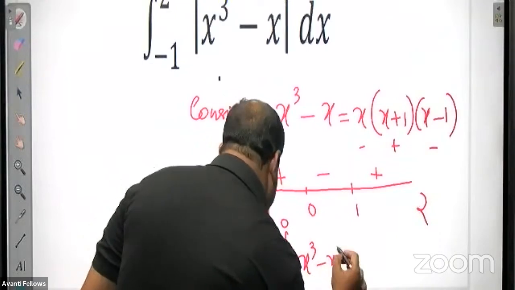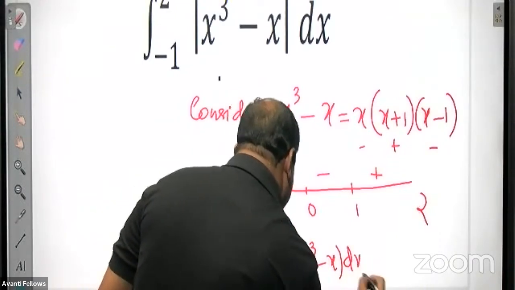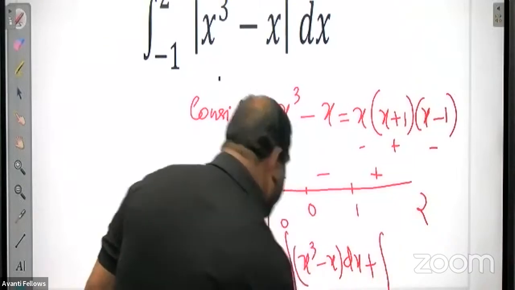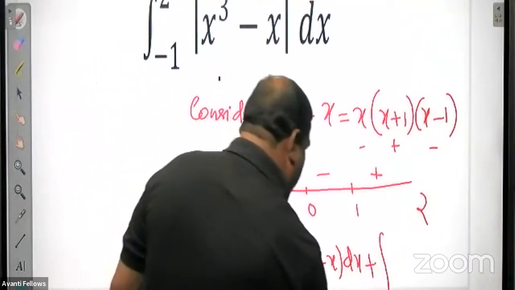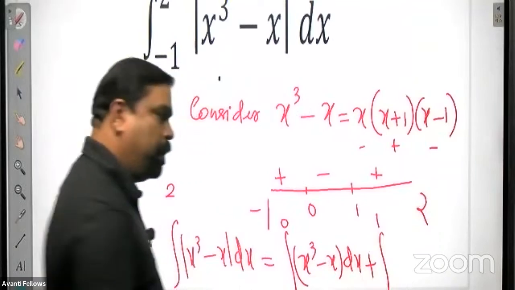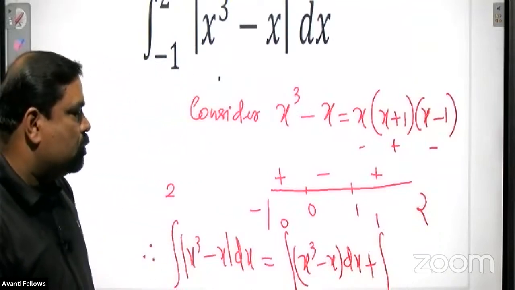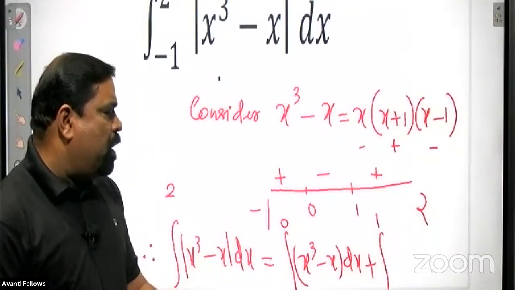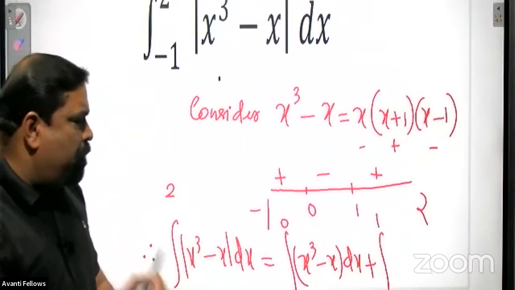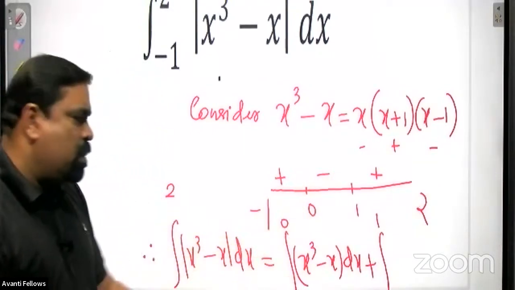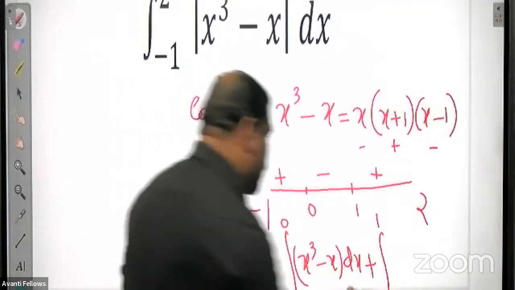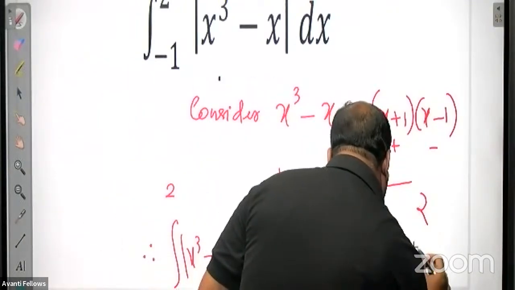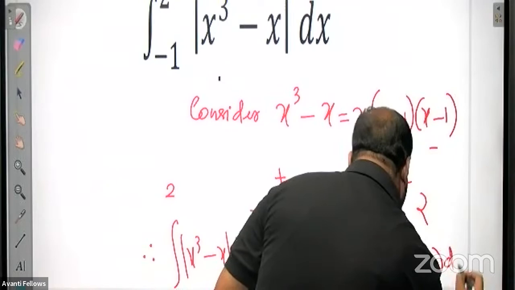So x cube minus x dx, plus the next interval, that is 0 to 1. In this interval, we already identified it as negative. So negative means negative of x cube minus x.